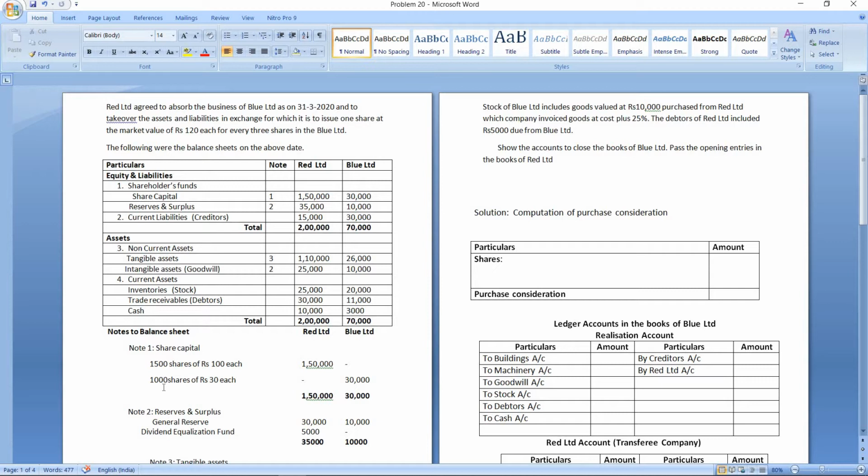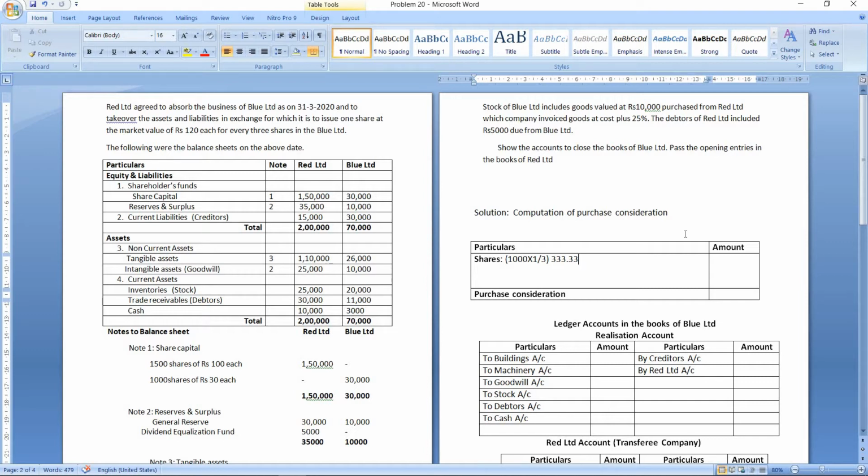It is 1000 shares. So for 1000 shares, they are going to receive 1 share for every 3 shares. So the number of shares here will be 33.33.